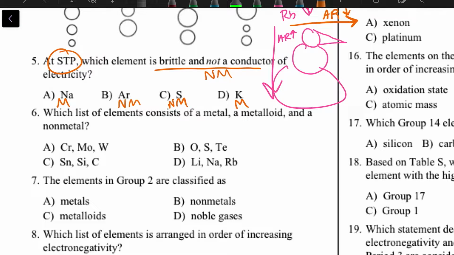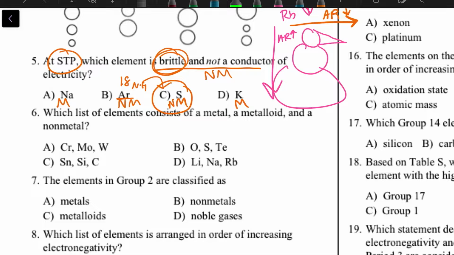But we have 2 options. The key word here is brittle. That means it's breakable. Argon is group 18, a noble gas. You can't break a gas. But sulfur at STP is a solid, and a solid can be broken. So as long as you know that Ar is a noble gas, then by process of elimination you can figure out that it is S, sulfur.